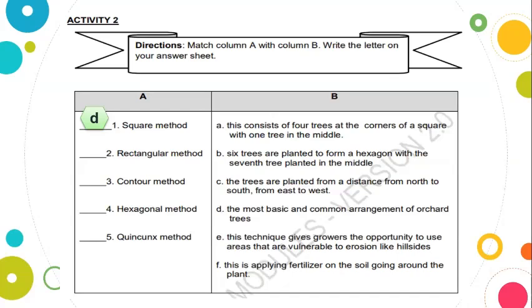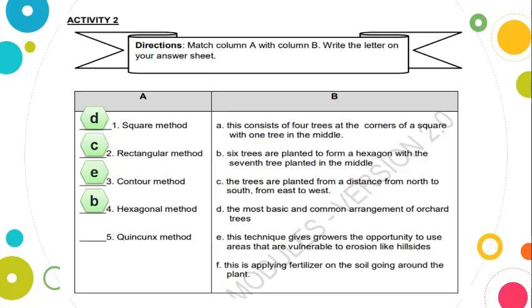How about the rectangular method? The trees are planted at a distance from north to south and from east to west, to widen this more. Then the contour method is a technique that gives growers the opportunity to use areas that are vulnerable to erosion like hillsides.